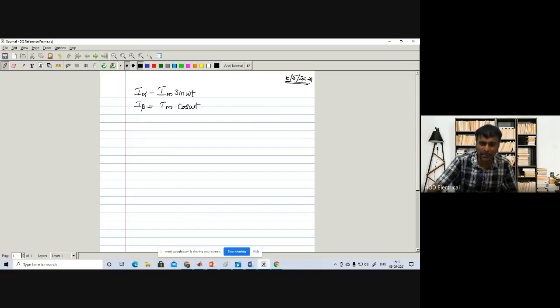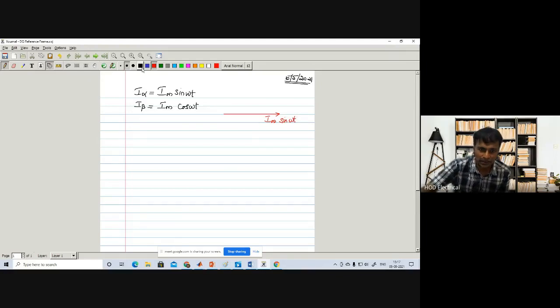From that we come to know alpha is the variable along this axis, Im into sine omega t.